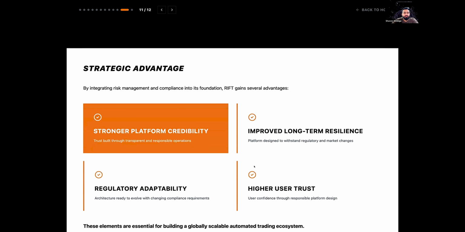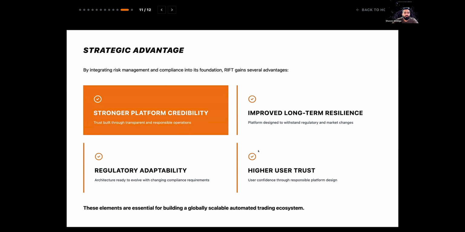Then strategic advantage of Rift: stronger platform credibility, improved long-term resilience, regulatory adaptability. If we face any kind of regulatory requirement, we will honor that and ensure that the regulatory principles, new rules and laws will be followed. Higher user trust.